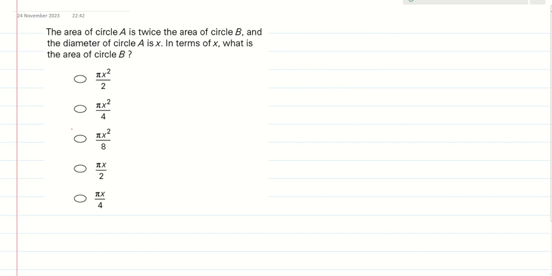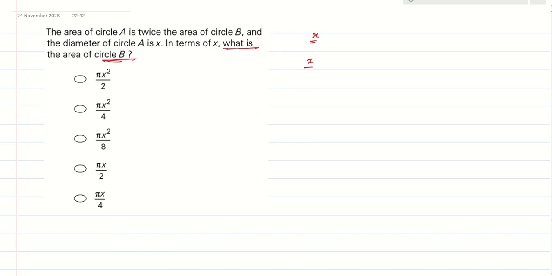This one we try. The area of circle A is twice the area of circle B. And the diameter of circle A is given how much? x.